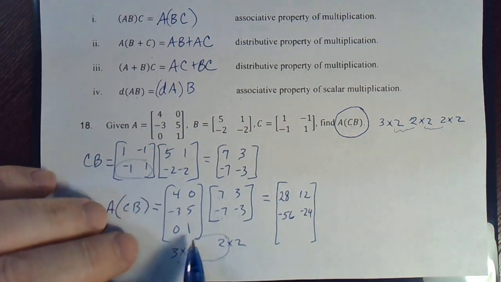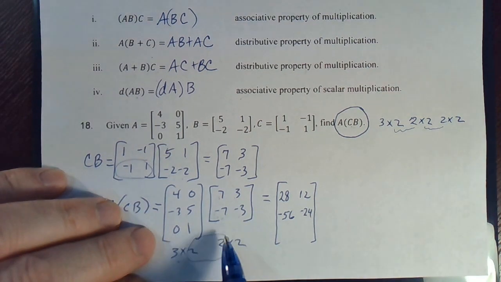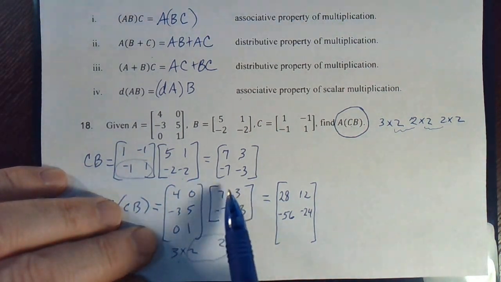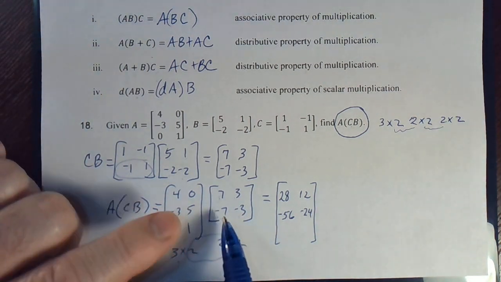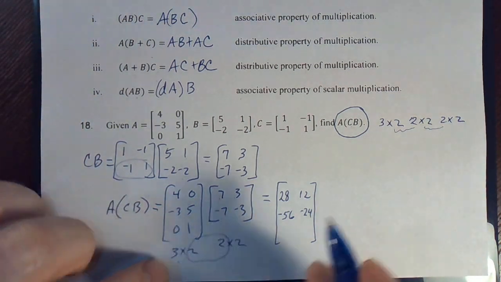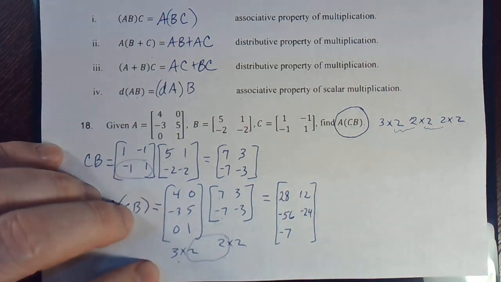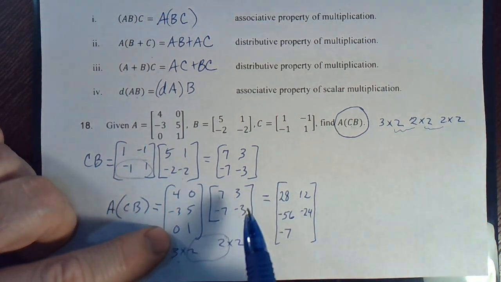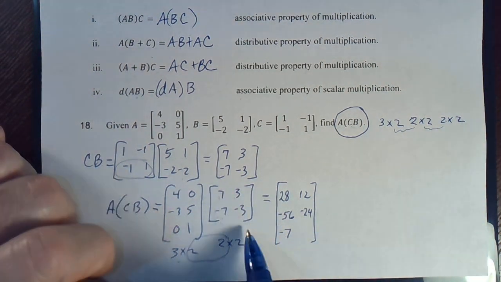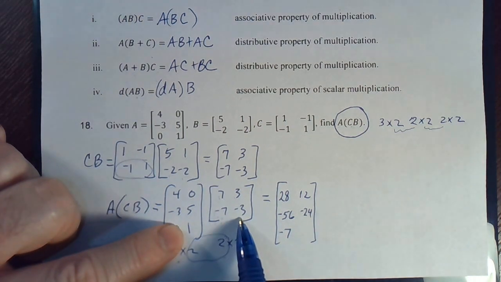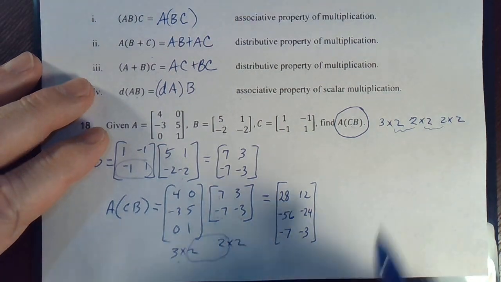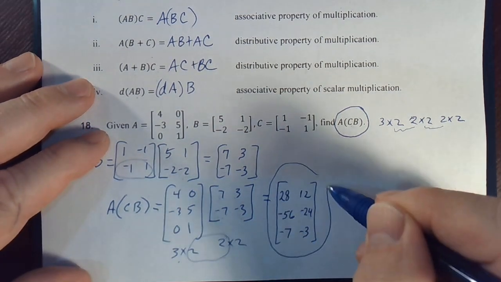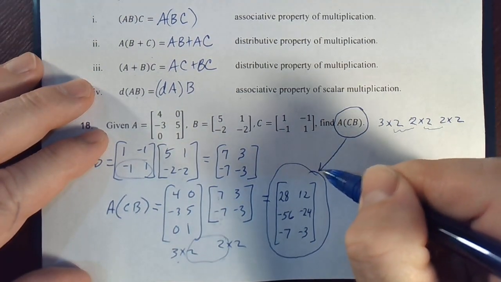Last row, so we're taking the third row times column 1 and column 2 of the second one to get these final two elements. 0 times 7, 1 times negative 7. Add them up and you get negative 7. 0 times 3 plus 1 times negative 3 gives us negative 3. So this is our resulting product matrix.